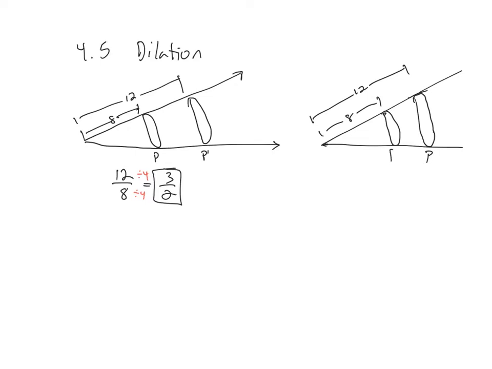It's the image, and the P is just the pre-image. So if we're going the other way around, it's getting smaller, so the smaller number would go on top, and we would reduce and have a scale factor of 2/3. So just pay attention to, is it getting bigger or smaller, and do your scale factor accordingly.